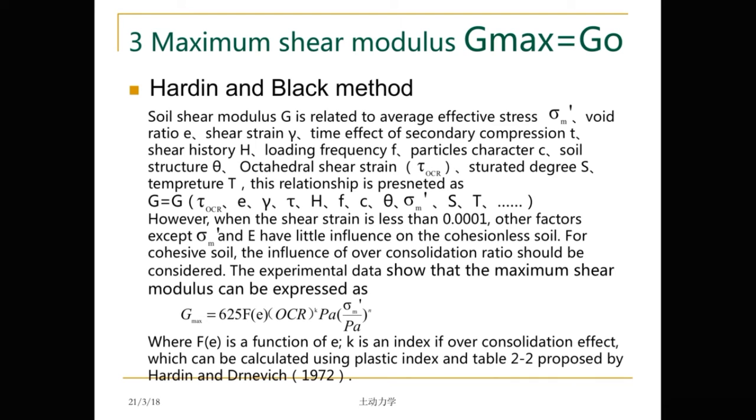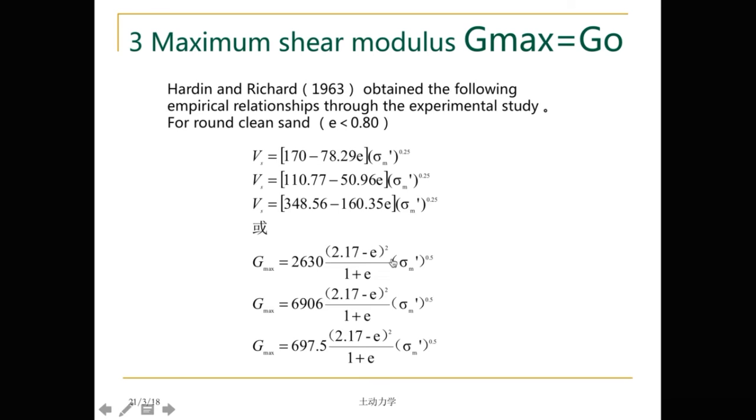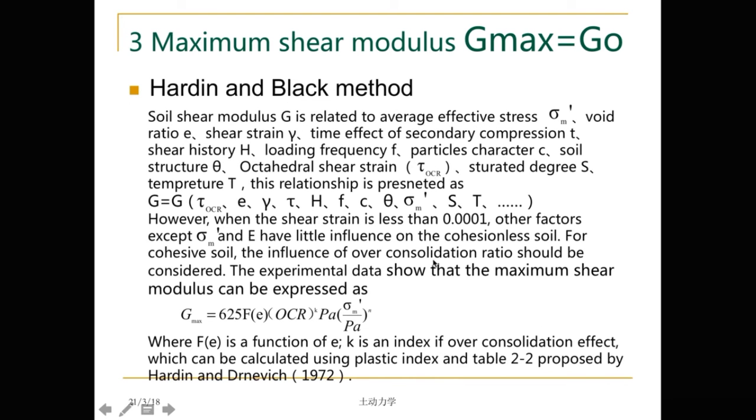Then the consolidation degree will affect the stiffness of soil. And we use OCR, over consolidation ratio, to describe the degree of over consolidation. Then usually the equations should consider OCR.